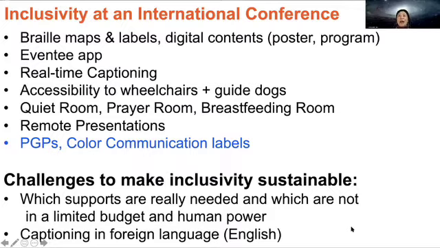Our efforts are time-consuming, and it is not clear to determine which supports are essential and which are not, in a limited budget and human power. Also, we concluded that the free Google Docs voice typing in English does not work for an international community, and we are looking for a low-cost captioning tool.